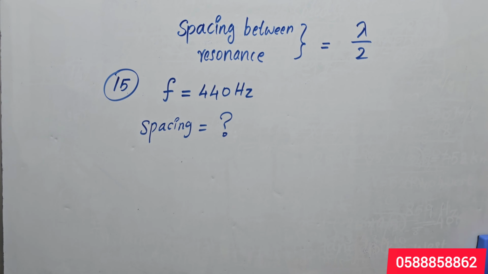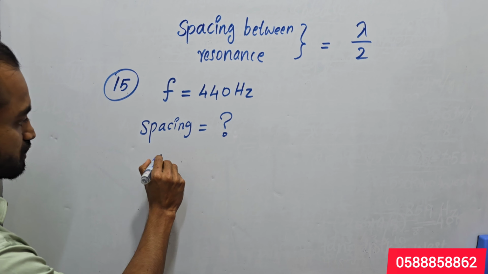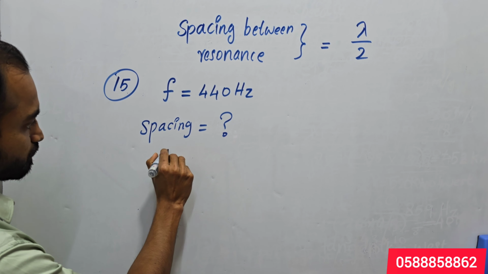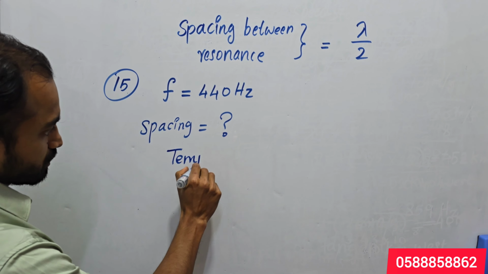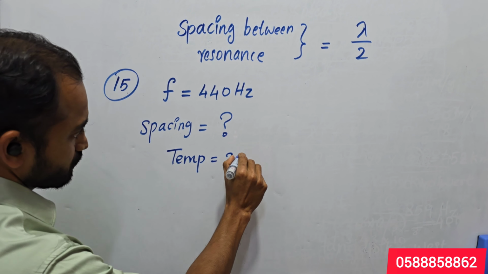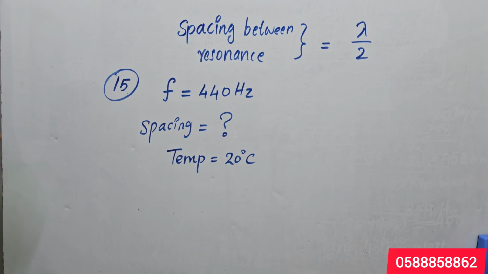We will check that when the air temperature is 20 degrees Celsius, right? So temperature is equal to 20 degrees Celsius, in meter, right? Yes. So Ahmad, can you explain how did you find the answer?